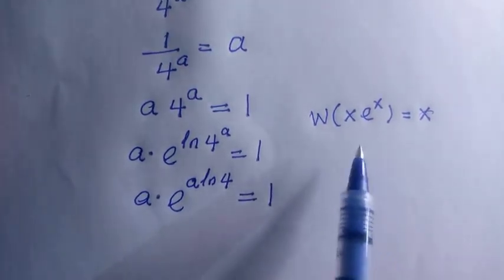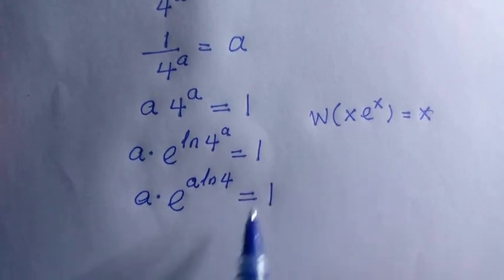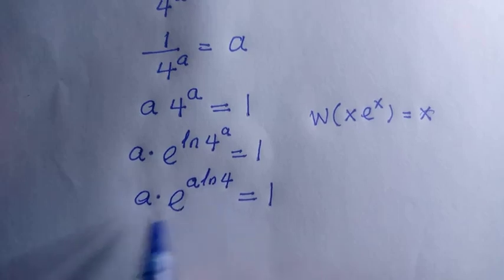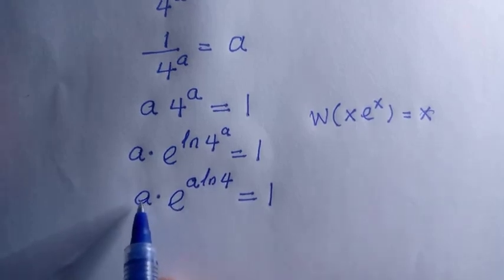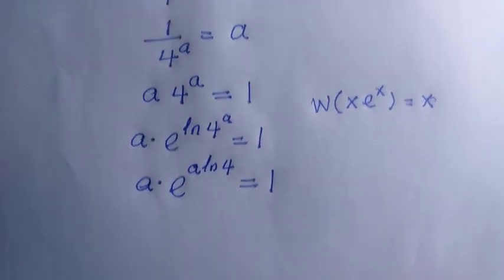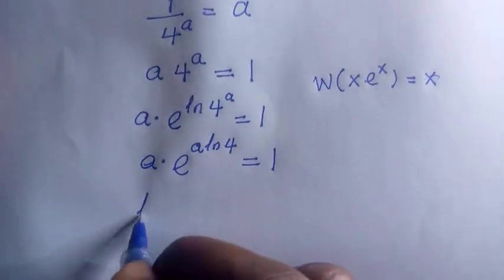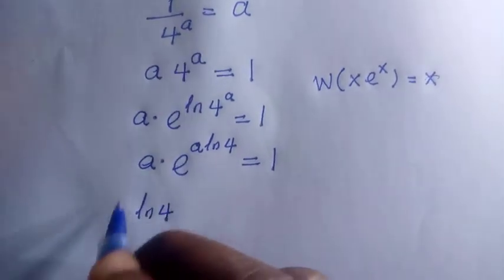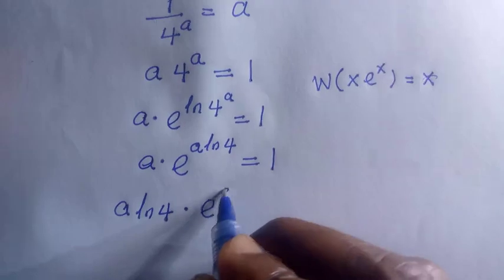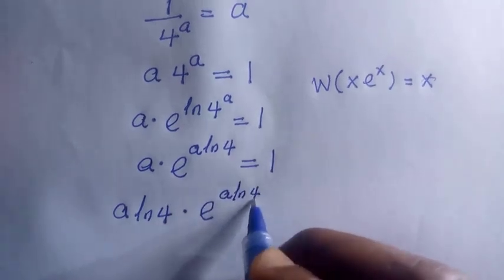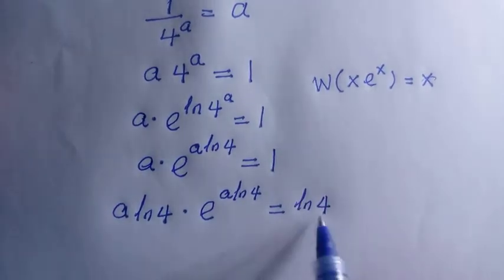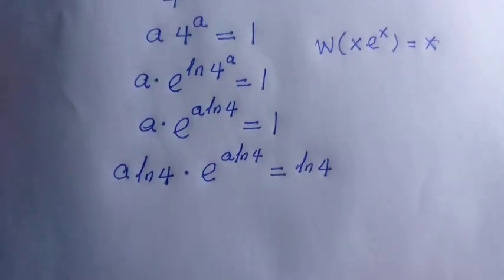We have to follow the formula above, that this coefficient and the power of this exponent must be the same, and what this one is missing is just ln 4. So we multiply ln 4 to both sides, so that we have ln 4 multiplied by a, then multiplied by e^(a ln 4), everything equals ln 4.